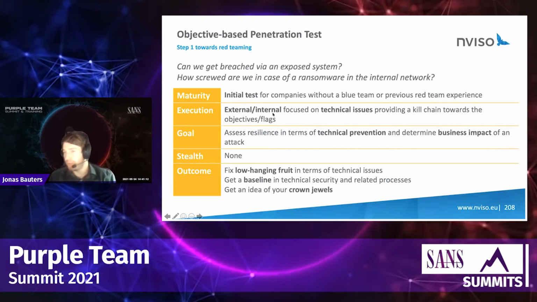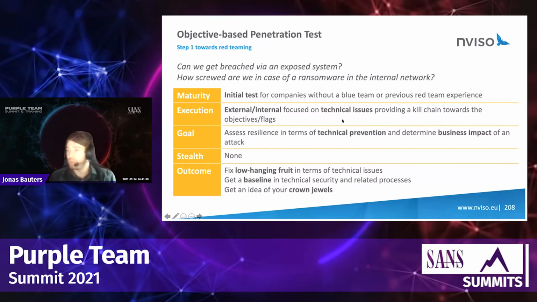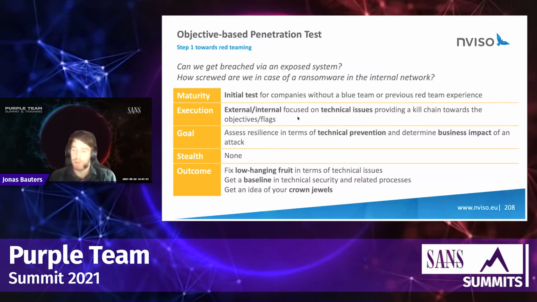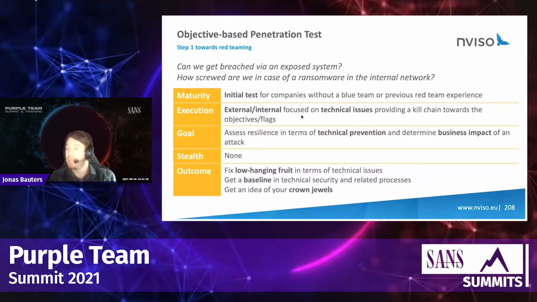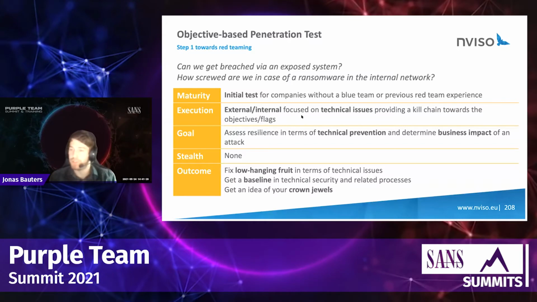It's both an external and internal test focused on technical issues, while we try to get access to a number of flags or objectives. In this case, for this first test, this could very well be just domain admin, because we're preparing for the red team exercises.